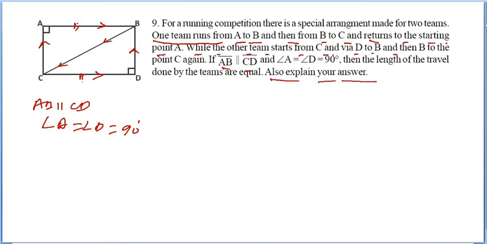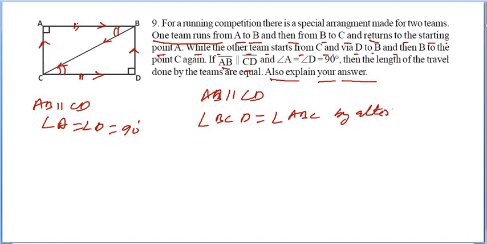So it is very clear. Why? As you know, AB is parallel to CD. That means this angle and this angle are alternate interior angles, so angle BCD is equal to angle ABC.